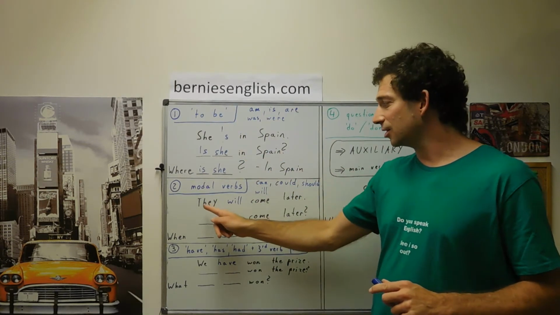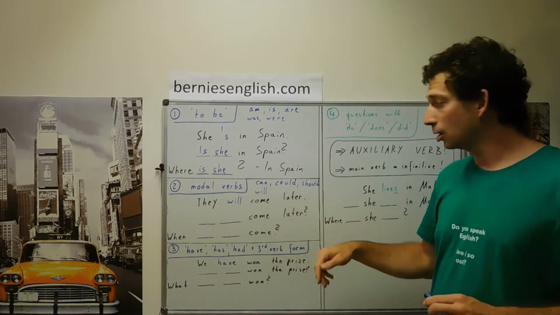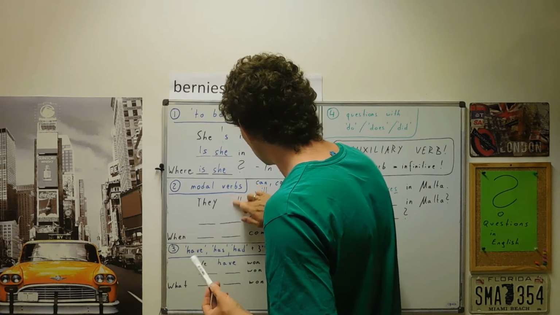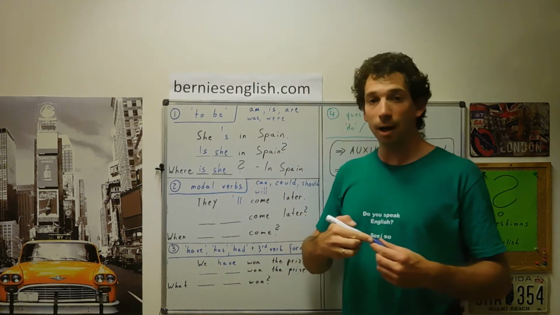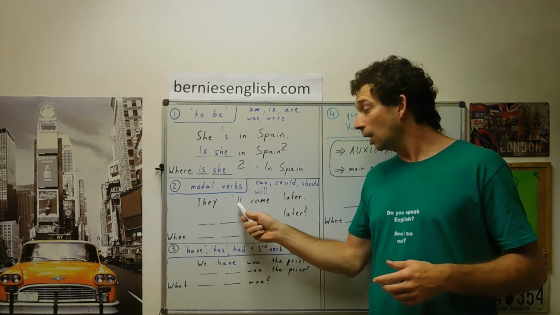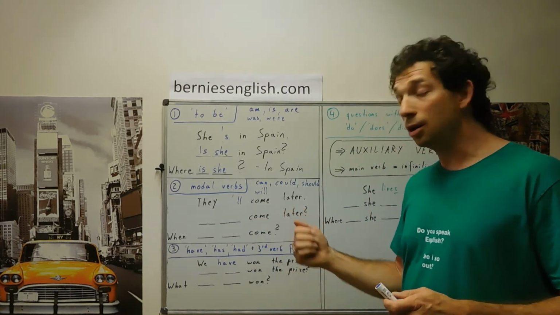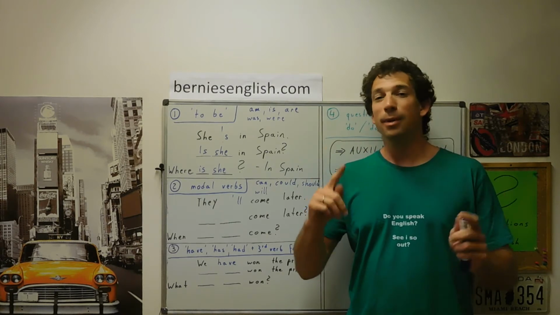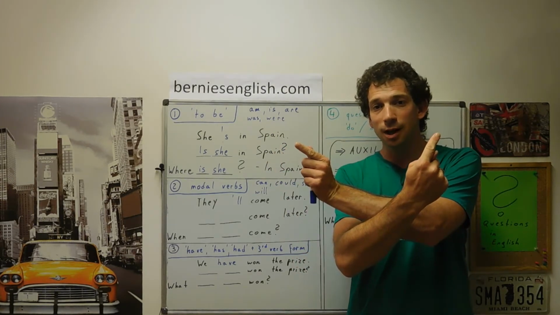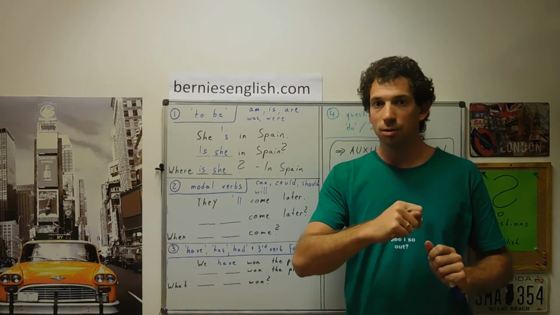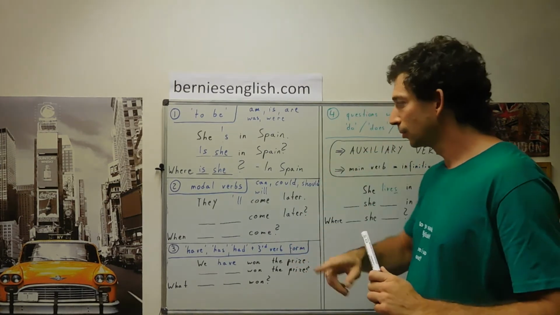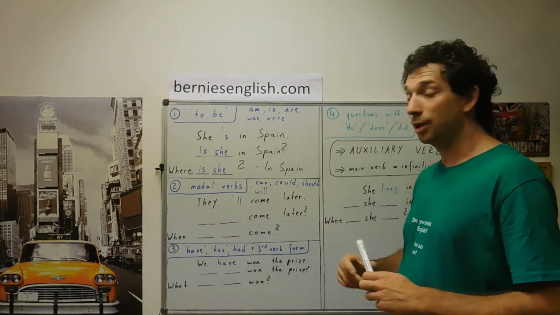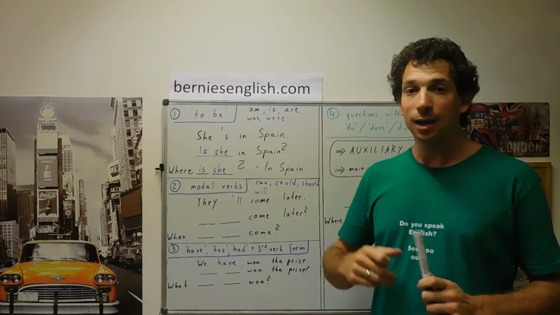So, if we have the sentence, they will come later, or in the contracted form, they'll come later, then the question is formed by turning around the subject and the verb, the modal verb, mind you. So, the question for they'll come later is, will they come later?